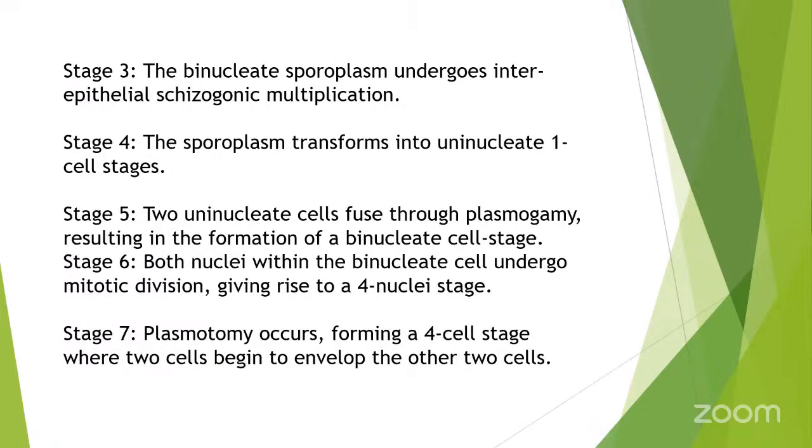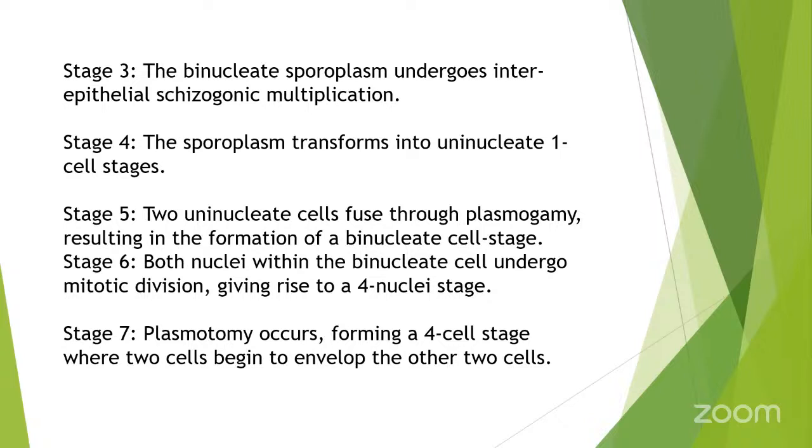Stage 3 involves the binucleate sporoplasm undergoing intercellular schizogonic multiplication. Stage 4 involves the sporoplasm transforming into a uninucleate one-cell stage. Then stage 5 involves two uninucleate cells fusing through plasmogamy, resulting in the formation of a binucleate cell stage.